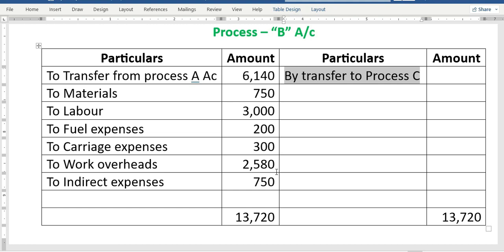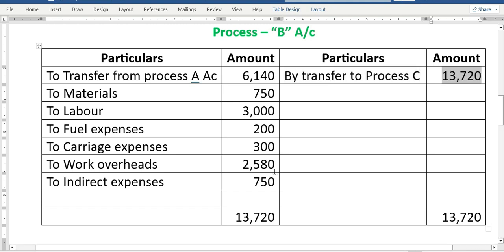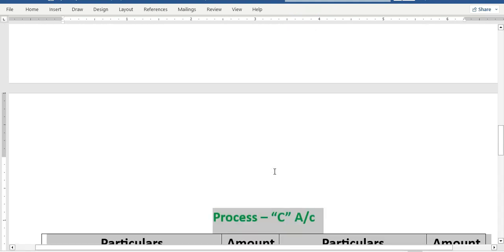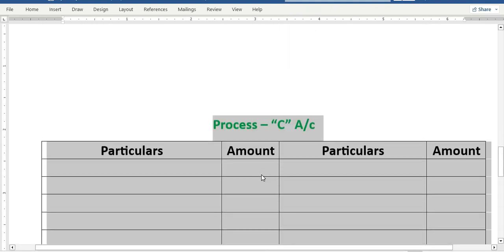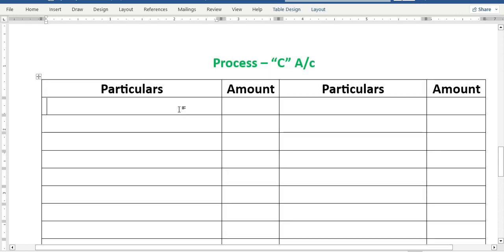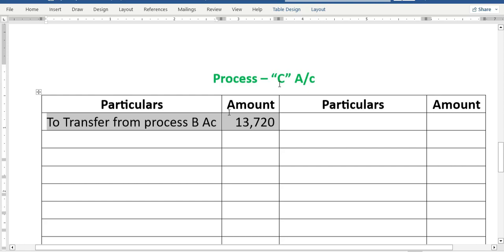So by transfer to process C account, 13,720. Then the 13,720 is brought down to the process C account. In the process C account, we bring in the opening, that is, to transfer from process B account, 13,720.